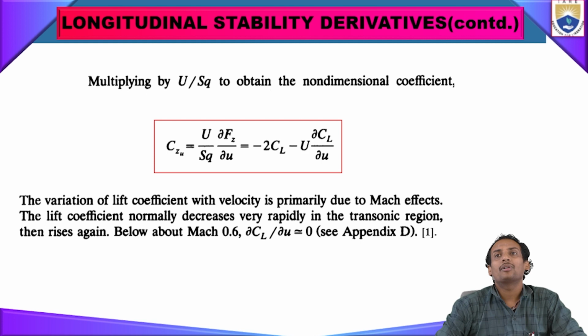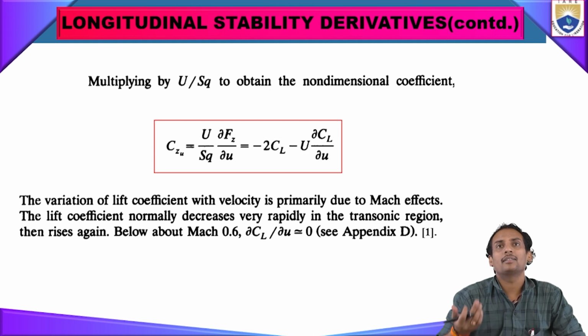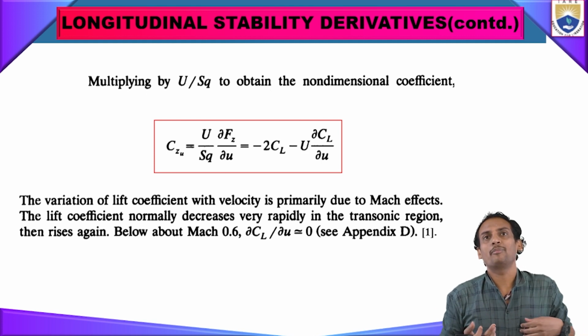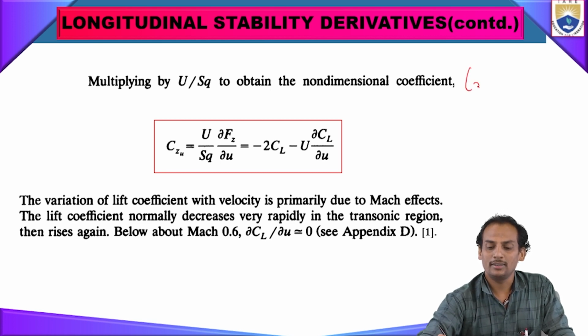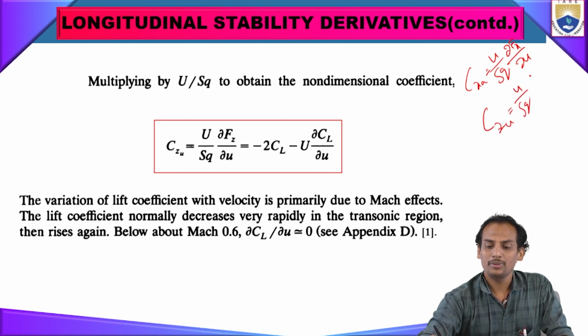Then if you are multiplying that for CZU, as we have given in the last class, CXU is u by SQ into dou Fx by dou u. Like that, CZU is also u by SQ into dou Fz by dou u.